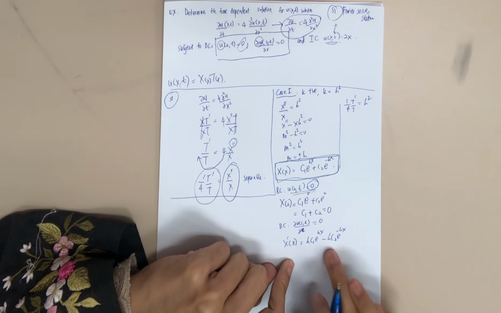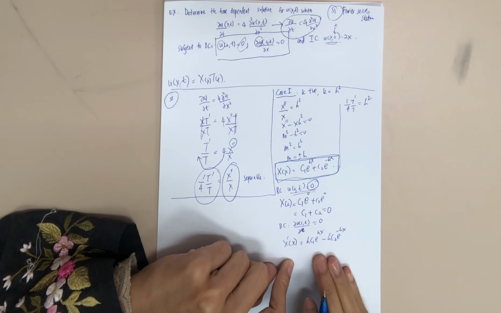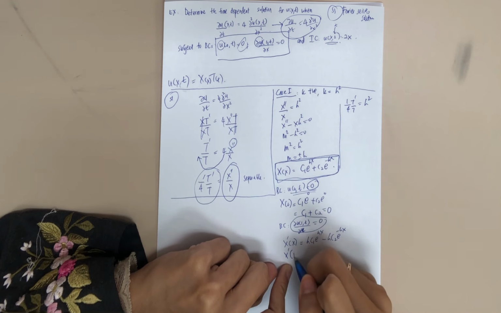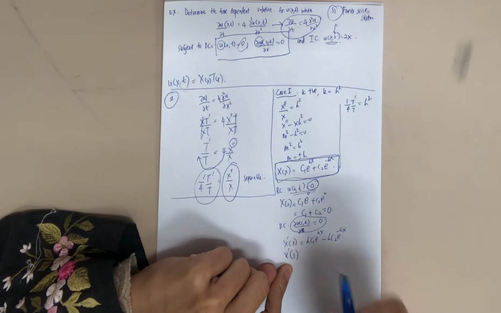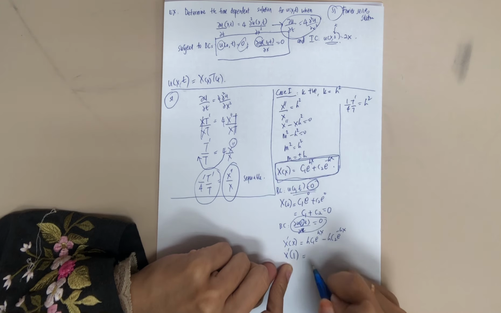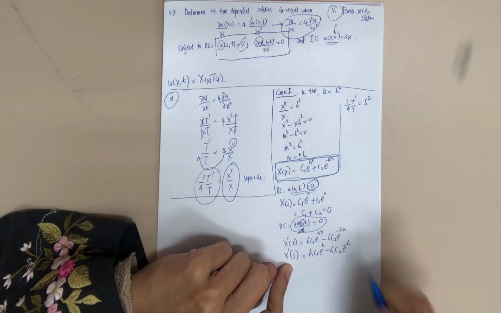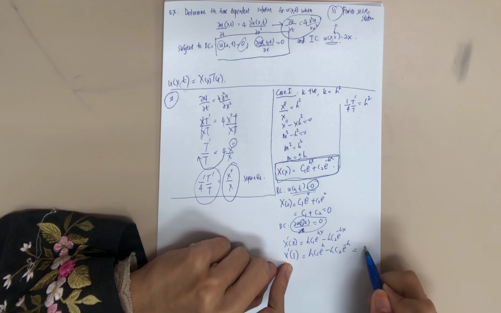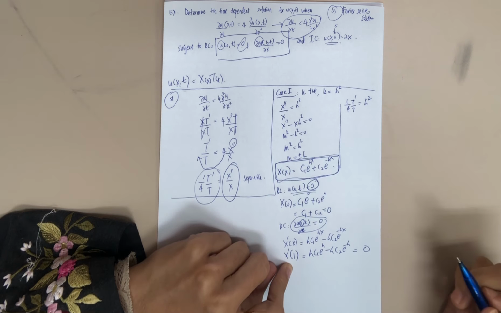This is the equation after you differentiate with respect to x. Now we substitute x equal to 1, so you substitute 1 into x, and this equation also equals 0.